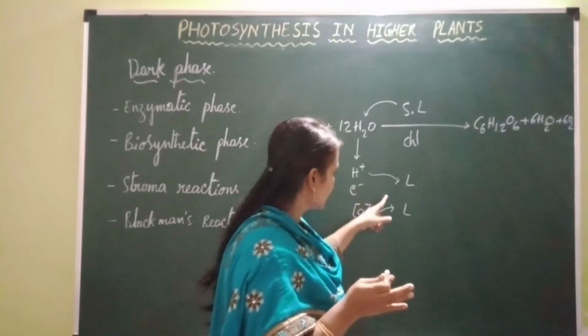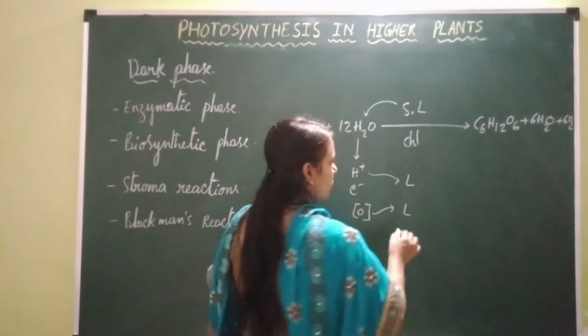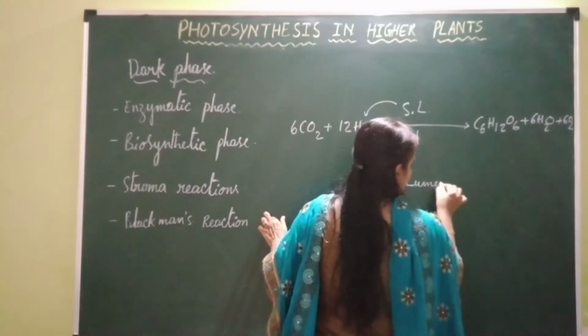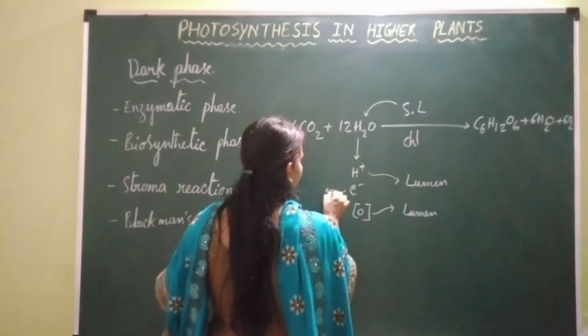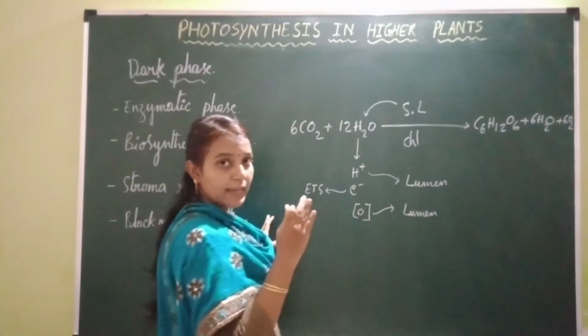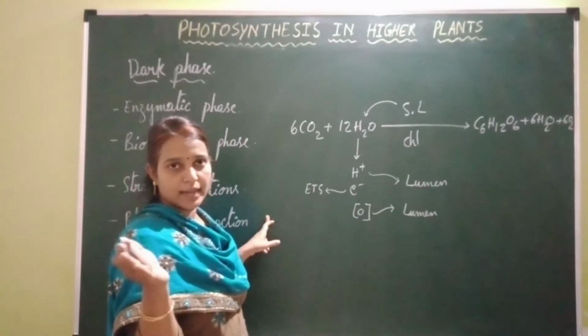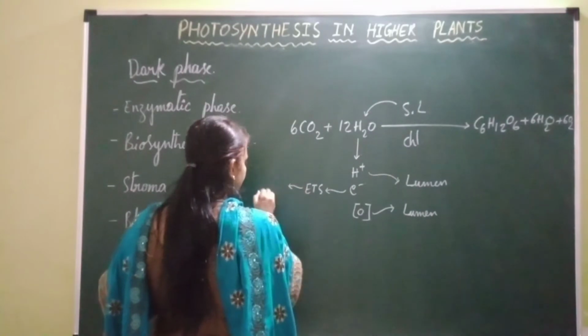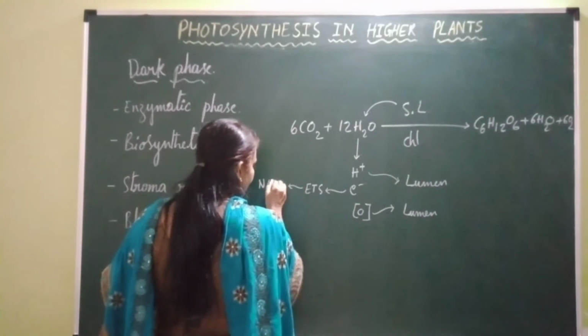These protons and nascent oxygen are released into the lumen of the thylakoid, and these electrons are transported through the electron transport system in thylakoid membrane, passed from one carrier to another, and finally picked up by NADP+.